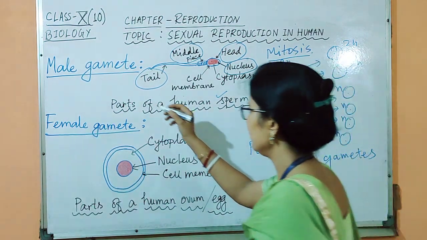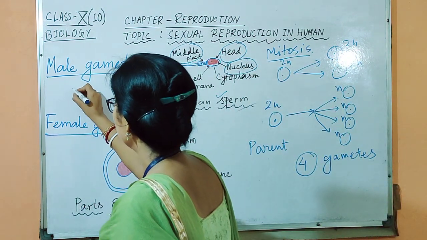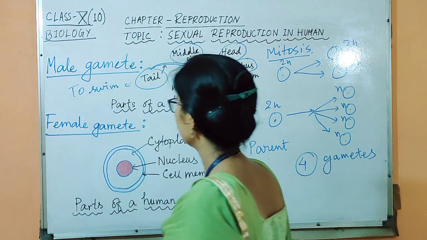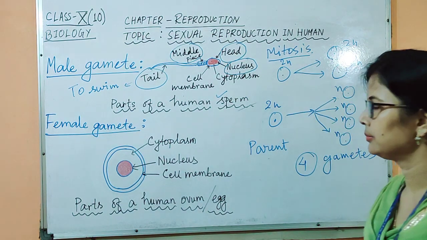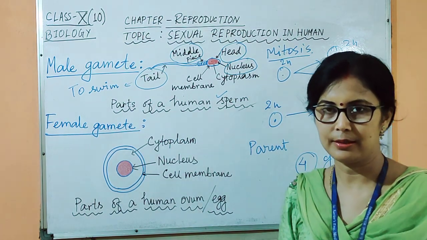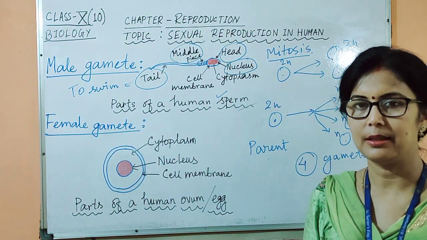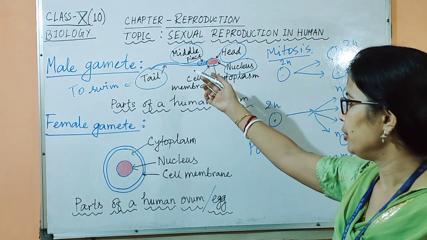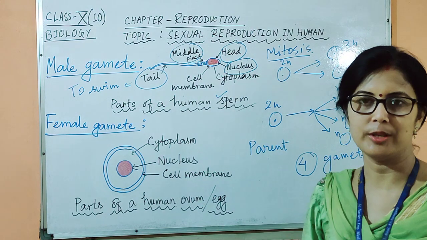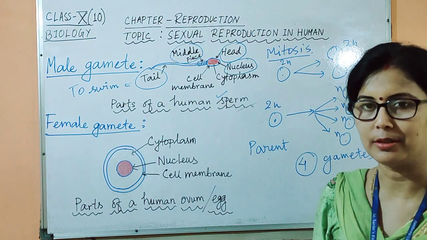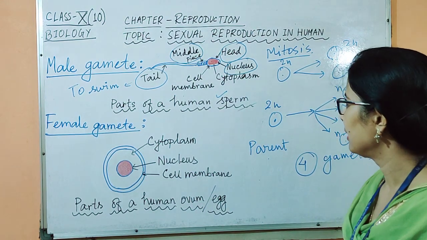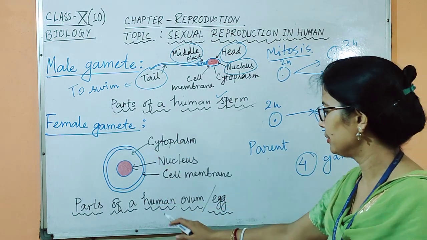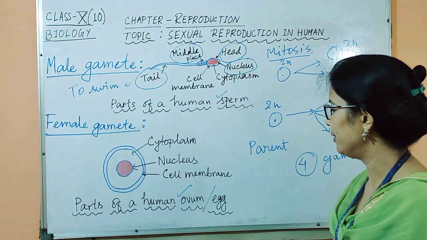The tail part in the structure helps in movement, so due to the tail, the sperm can swim in the vaginal fluid. Here is the structure of the female gamete, that is the human ovum or egg.